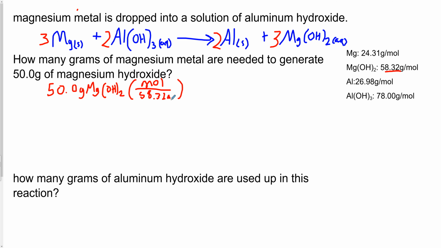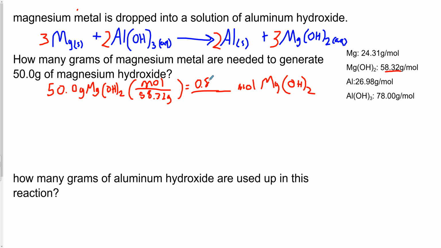So this is going to be moles of Mg(OH)2. So we do the math, 50 divided by 58.32, we get 0.857. I'll leave it like that. Obviously, it's not that exact number. We've been over that, 0.857.